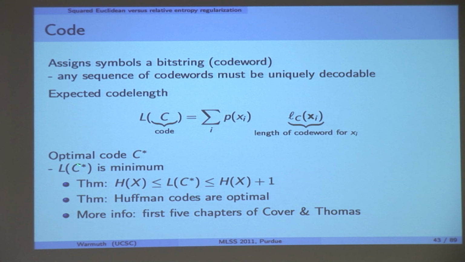For the optimal code, the expected code length is minimized. You can show that the entropy lower bounds the best expected code length, and the entropy plus 1 upper bounds it. And Huffman codes are optimal. If you want to read more, look at the first 5 chapters of Cover and Thomas. Very nifty book to read.